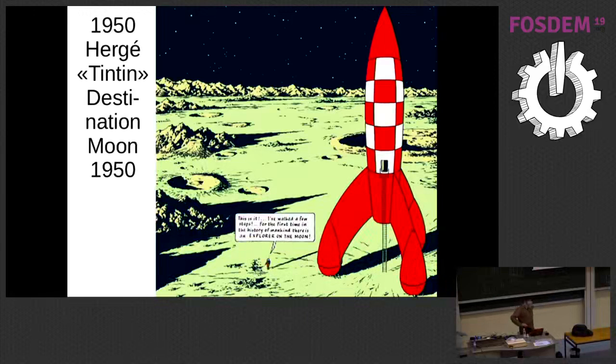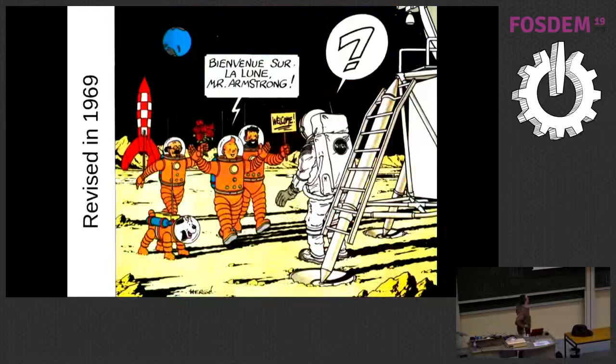And the text of this, maybe you can read it. So Tintin, the small person in the middle of the picture, is the first man in the moon. And this is the revised version from 1969, with a little humor.